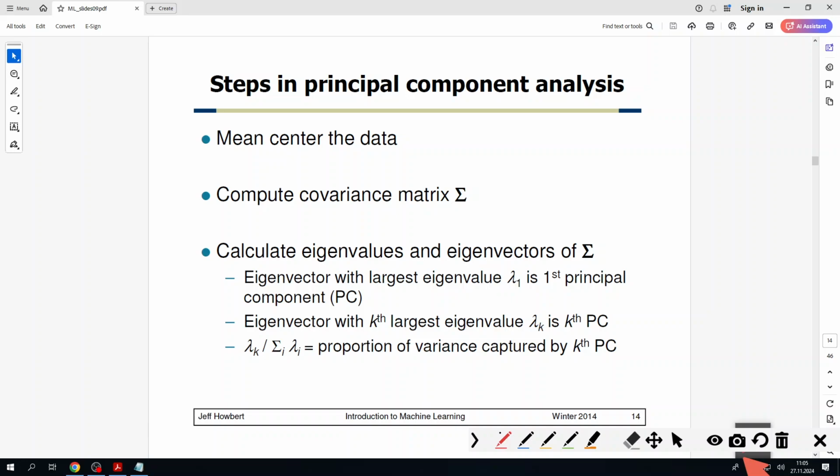So, let's say you have your data matrix X, and accordingly this is your data. Now, how were we supposed to denote the eigenvector?